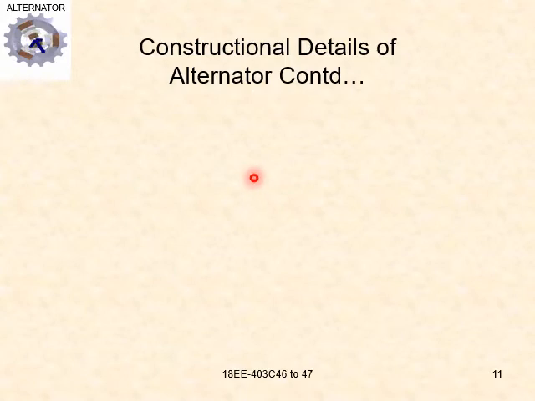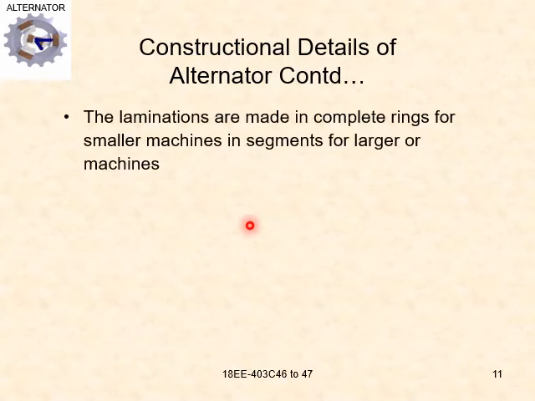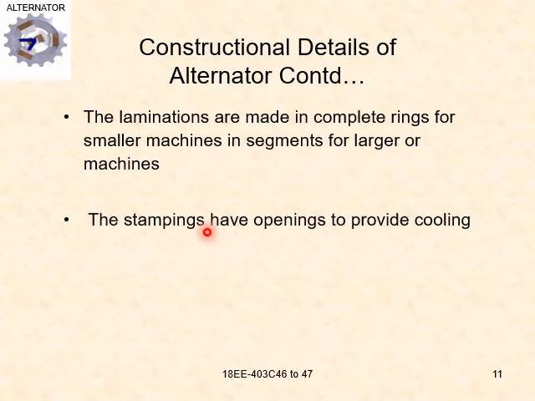In the continuation of constructional details of an alternator, the laminations are made in complete rings for smaller machines, in segments for larger machines.